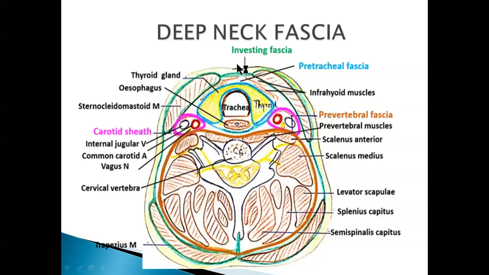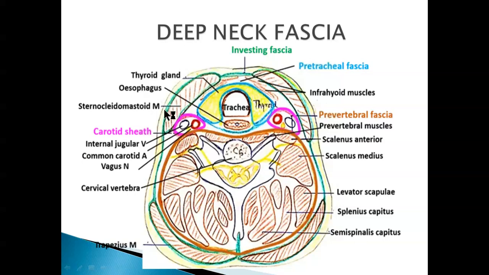Then we have deep neck fascia. Then deep neck fascia is further divided into many fascias. One of them, the main one, is your investing fascia, which is covering everything in your neck like this. So let's talk about the investing fascia first. Here we have the investing deep fascia, or investing fascia of the neck, you can say. In the anterior region, it's over here.